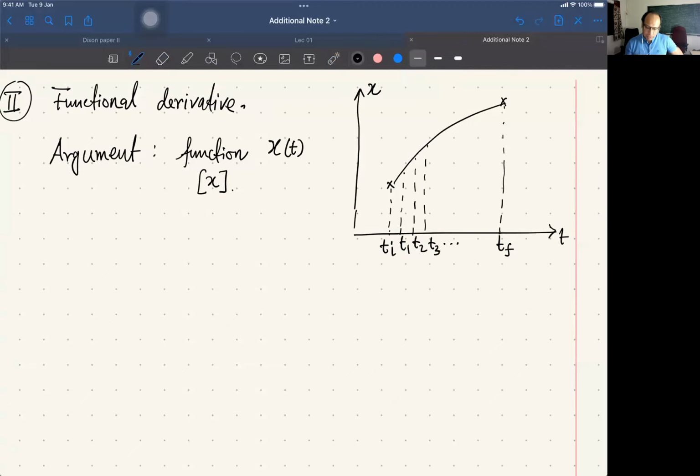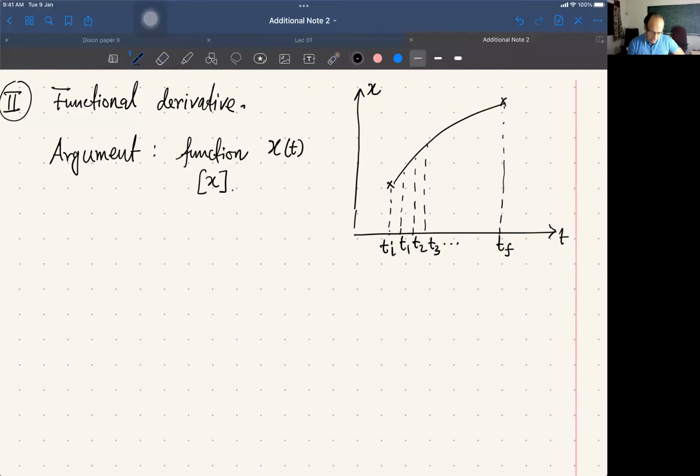So the operational definition of a functional integral is given in the following way. You divide the argument of the function, t, into a set of discrete values, and then for each discrete value of t, the value of the function, that is x at that value of t, can be treated as an independent variable.